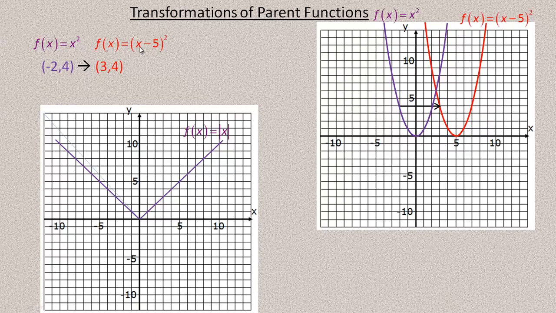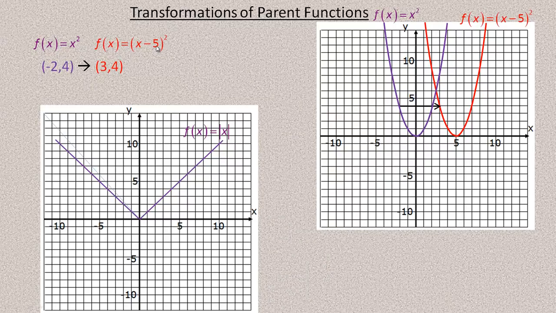Now, in order for me to put this 3 in the new function in place of x and square something to get the same 4, because after all, they're the same height. They have the same y value, 4 there, 4 there. So in order for me to get a negative 2 after I put the 3 in to square to give me 4, that's why there has to be a minus 5 here. Because when I put 3 in there, 3 minus 5 is negative 2 that I'm squaring to give that 4.